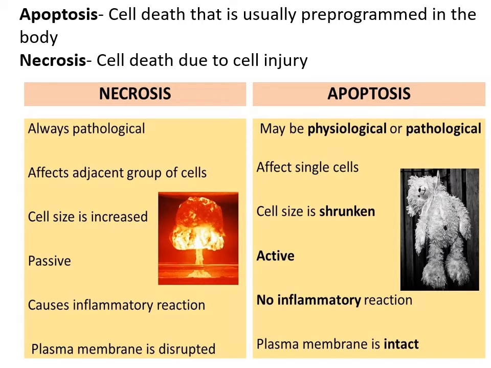Okay, so here's a slide just comparing apoptosis to necrosis. Remember, necrosis is always from some kind of an injury. We spent a lot of time talking about hypoxic injury to a cell. And the main reason we spent so much time talking about that is hypoxic injury is really the beginning of the discussion of blocked arteries to different parts of the body, such as a blocked artery to the brain leading to a stroke, which is necrosis of cerebral tissue.